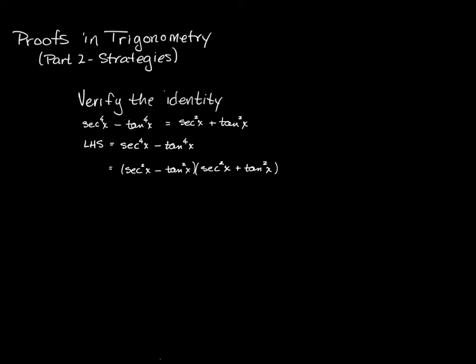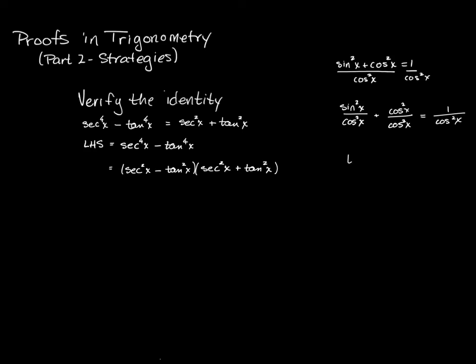How does that help? Well, if you remember that sine squared of x plus cosine squared of x equals 1, and you divide both sides of this equation by cosine squared of x, then you get sine squared of x over cosine squared of x plus cosine squared of x over cosine squared of x equals 1 over cosine squared of x.